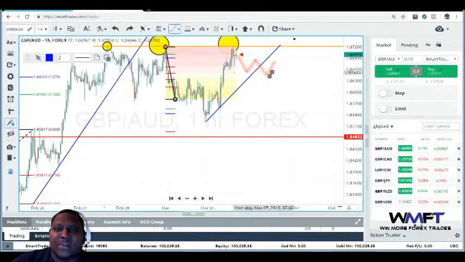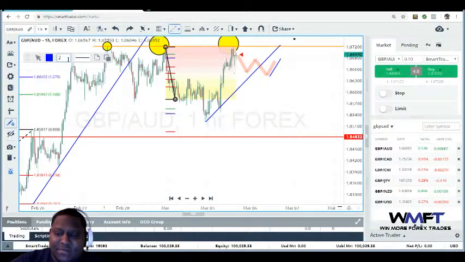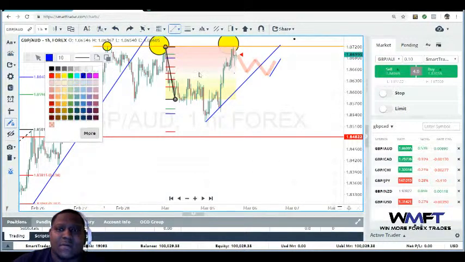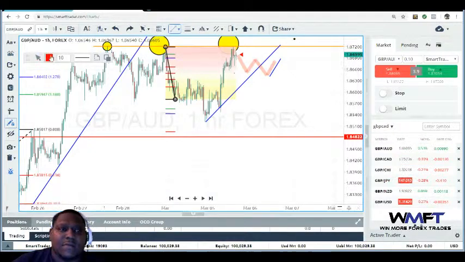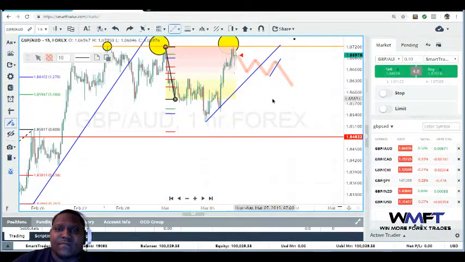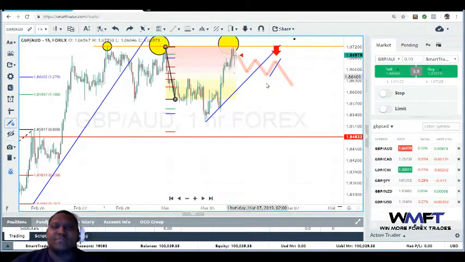We'll sell the market at that high price right there. That's what we're looking for right there. That is that exact move that we're looking for right there.